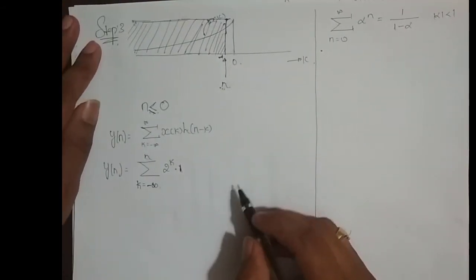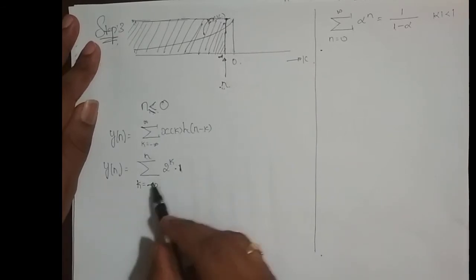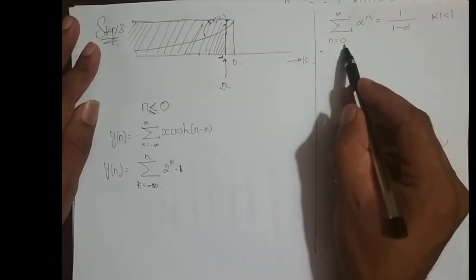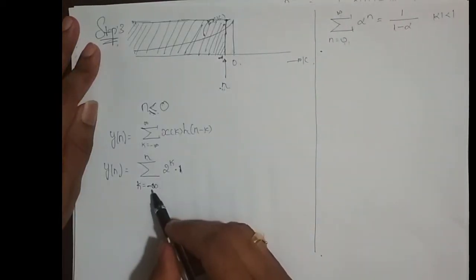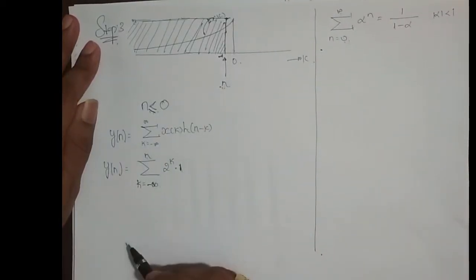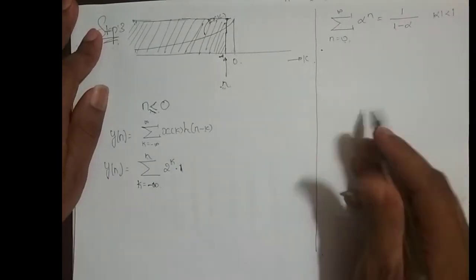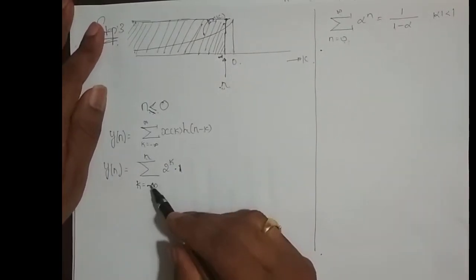Okay. So somehow I need to bring this equation to this form. In the sense, lower limit should be 0, upper limit should be infinity. But here I have lower limit minus infinity and upper limit n.